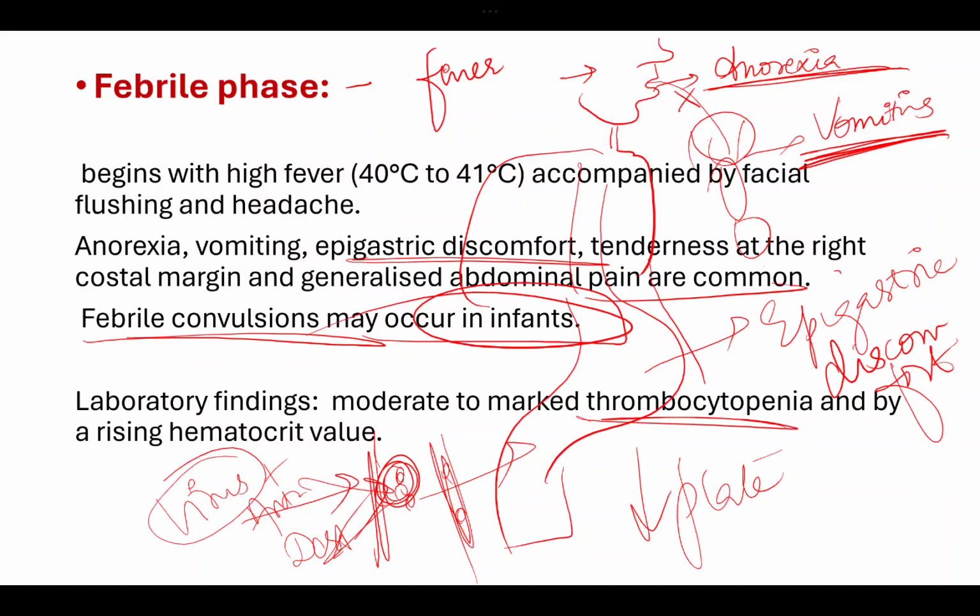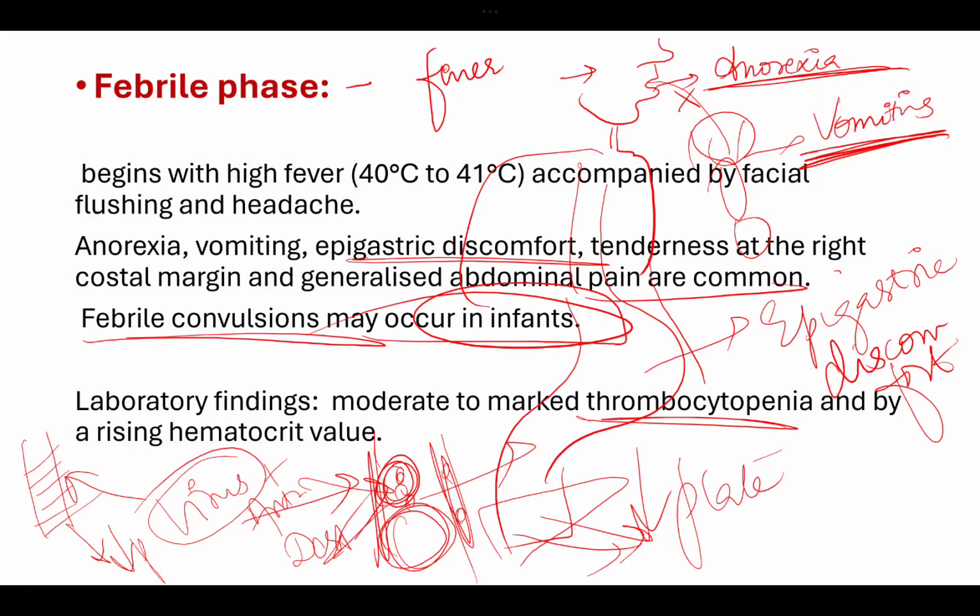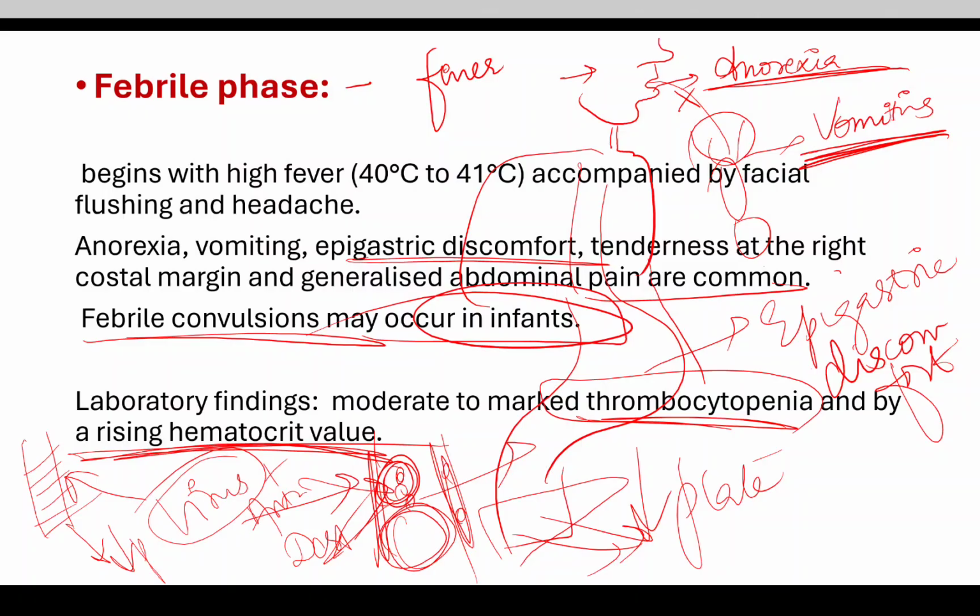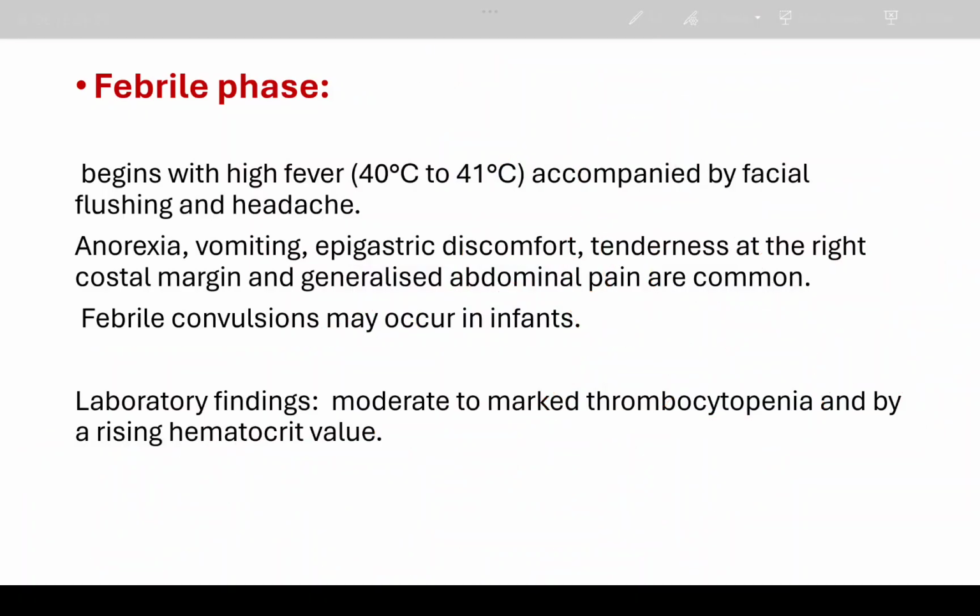Then the virus is suppressing the bone marrow, and the bone marrow suppression is leading to decreased production. And once the platelets are altered, the liver and spleen are destroying the platelets, removing them from the body. So all of this is leading to thrombocytopenia, and there is a rise in the hematocrit value.